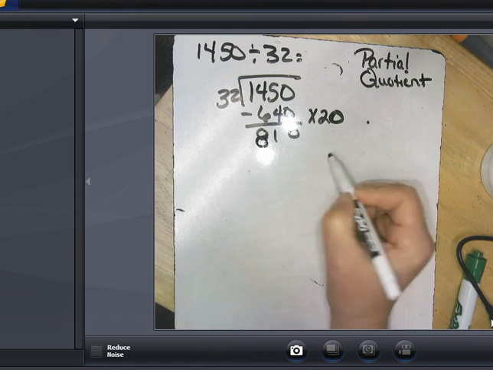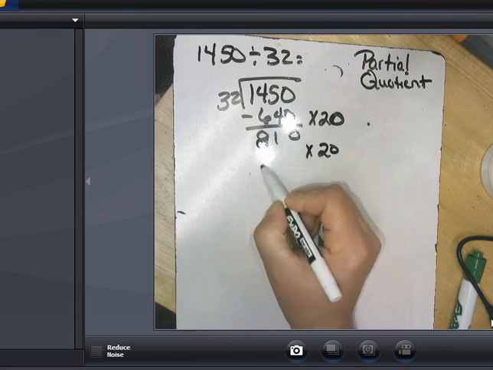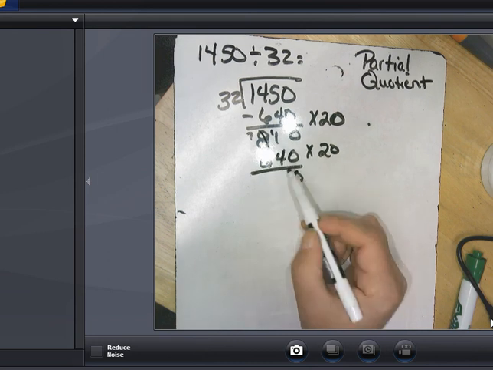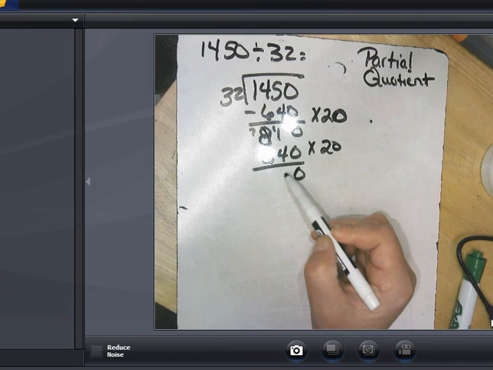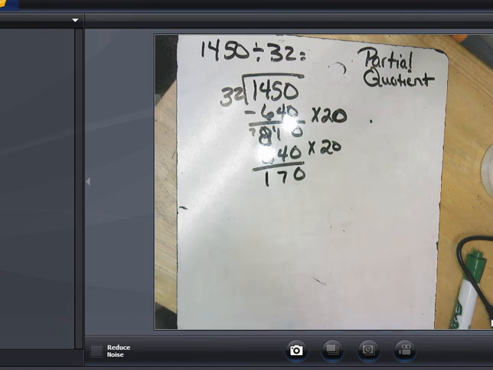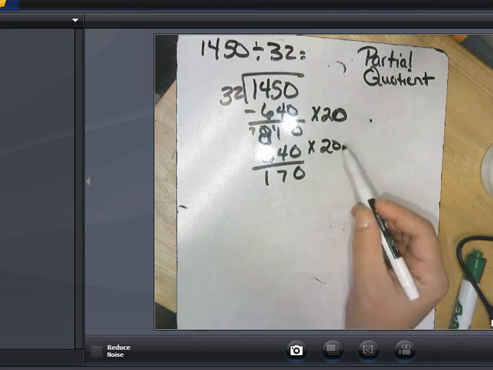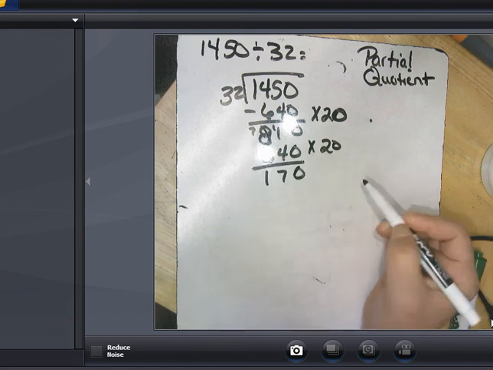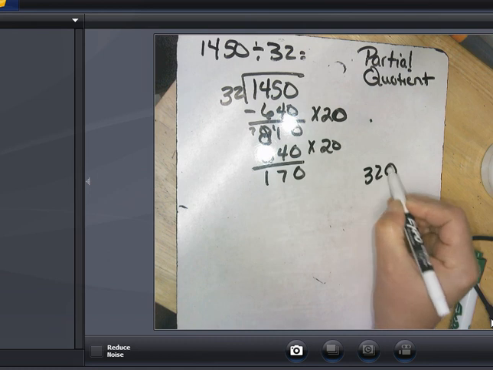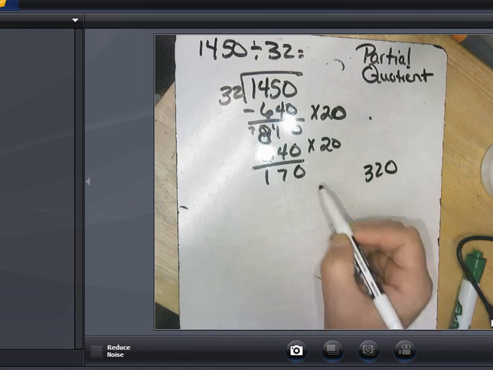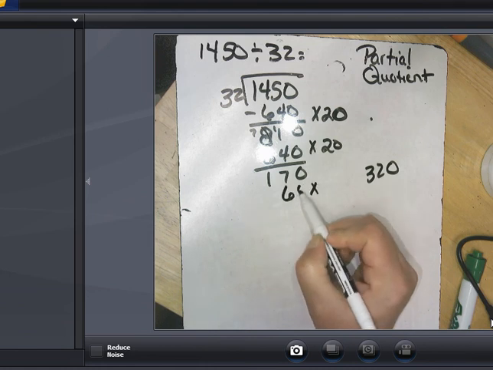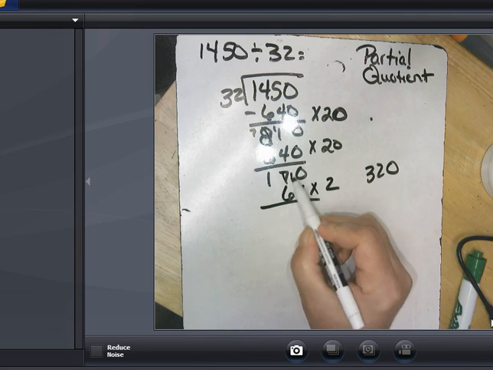I can take it times 2 again, because I know that can go under 640. 0, oh, I have to borrow, and I know 11 take away 4 is 7. 170, and I can look at it again and say, well, I know that half of 32 times 10 is 320, or I could do 32 times 2, which is 64.